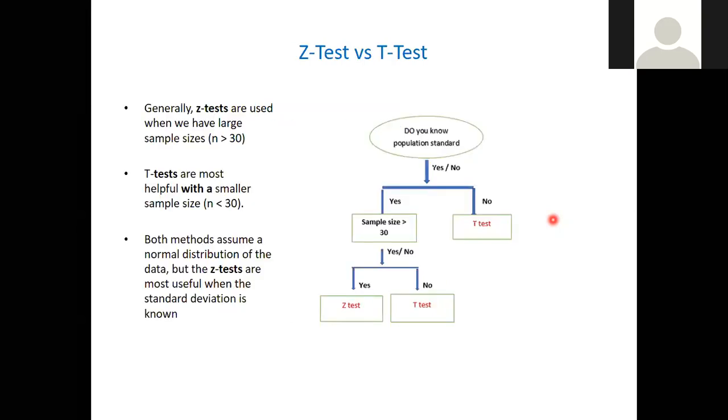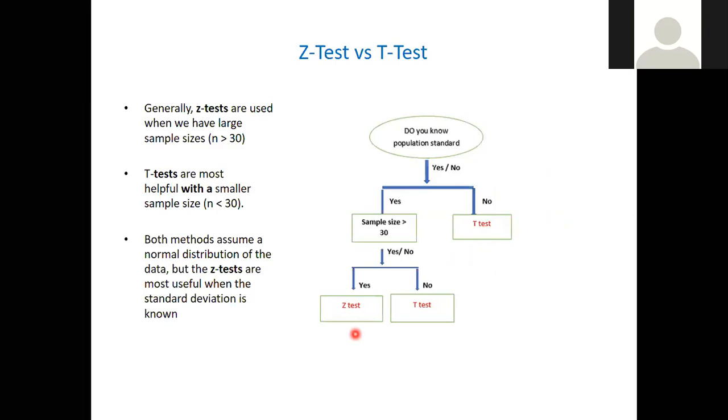Now, logic. Out of 3 options here, 2 are favorable to the t-test. Look at this red box where you take the decision. Only 1 is for the z-test.